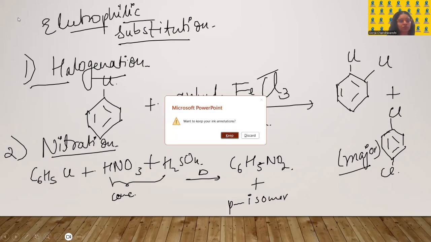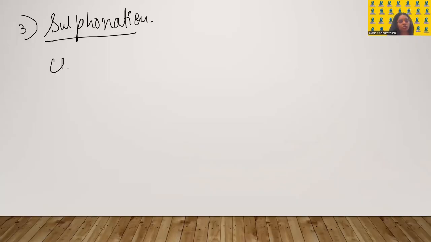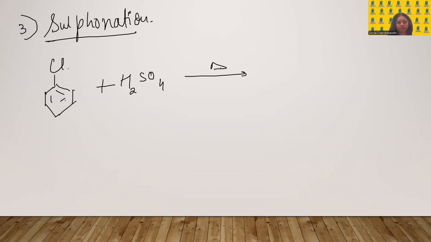the formation of sulfonation. So sulfonation and Friedel-Crafts reaction is what will develop. So sulfonation introduces SO3H. Chlorobenzene on reaction with H2SO4 and heating gives us something like this.